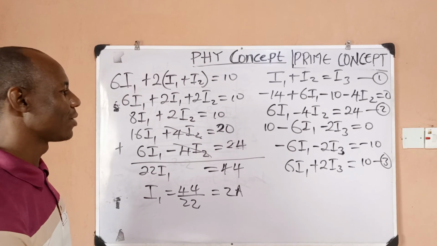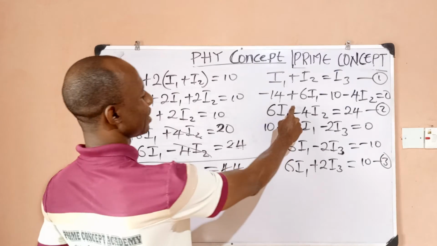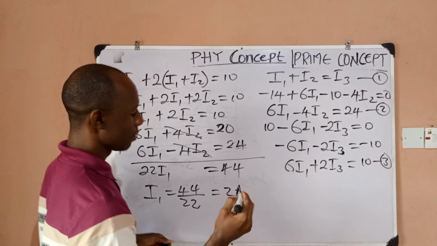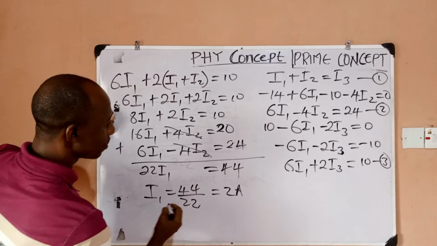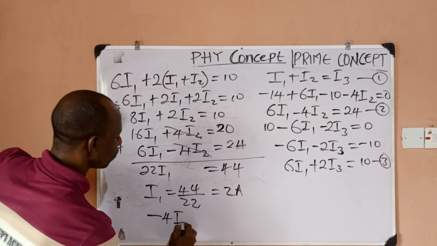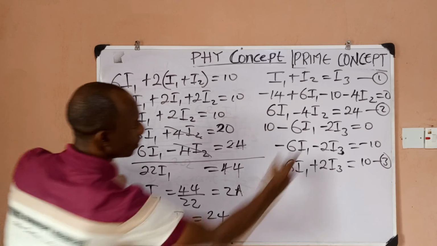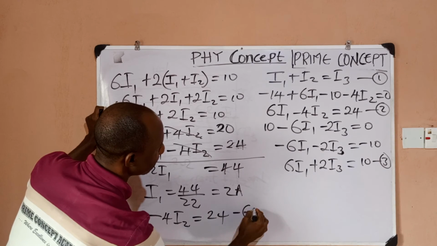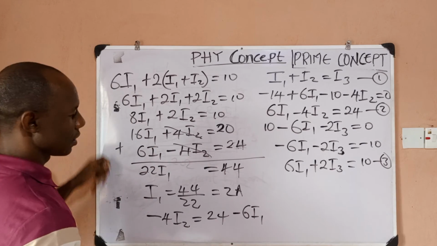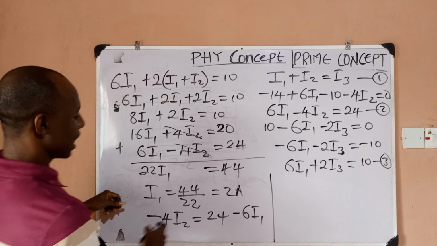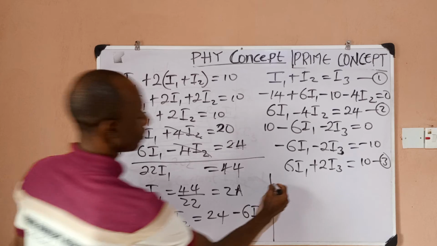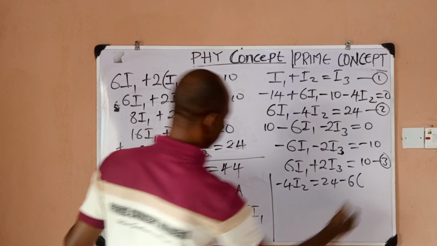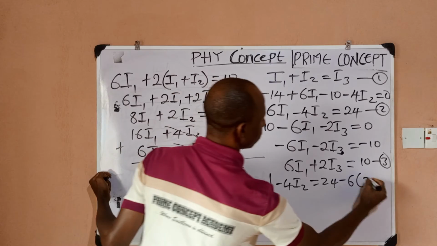The next thing is to get I2. So for me to get I2, I'll simply work with equation 2, this equation. So I'm going to have minus 4I2 equals 24, which is this. Then when this one crosses to meet it, it will give you minus 6I1, right? So I'm going to replace, and I have minus 4I2 equals 24 minus 6 into I1, and my I1 is 2.